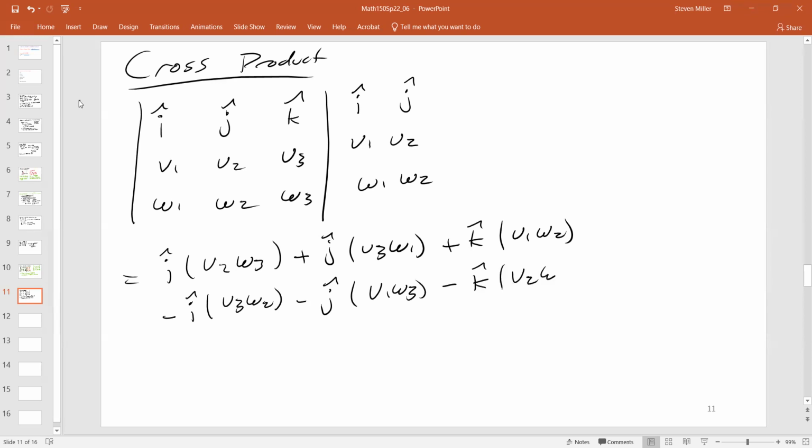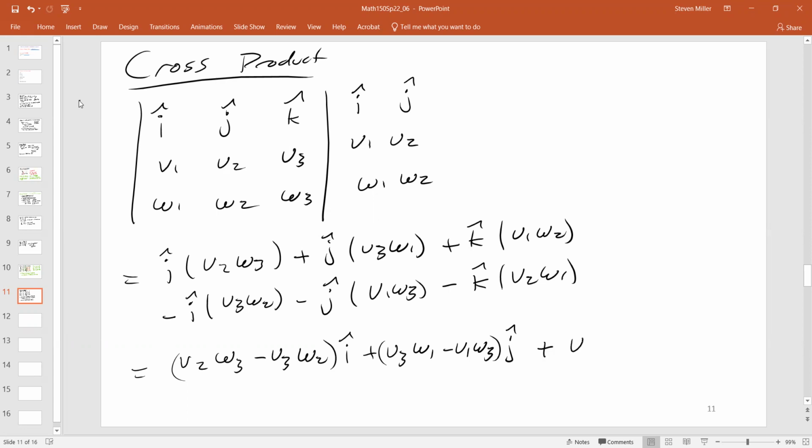And now I'm going to just collect the i's together, the j's together, and the k's together. So it's going to be V2 W3 minus V3 W2, i hat. Now for the j hat, it's plus V3 W1 minus V1 W3, j hat, plus V1 W2 minus V2 W1, k hat.